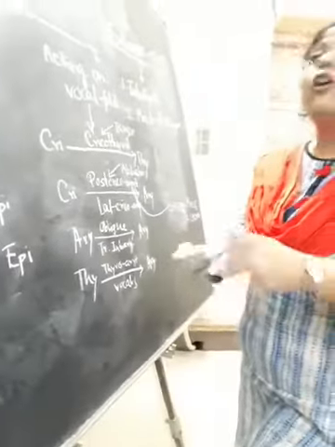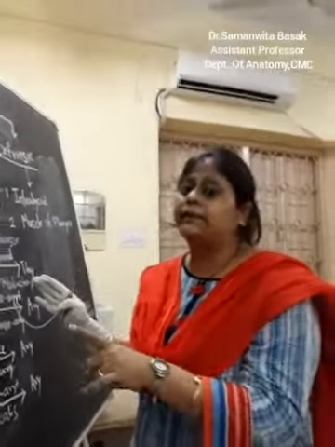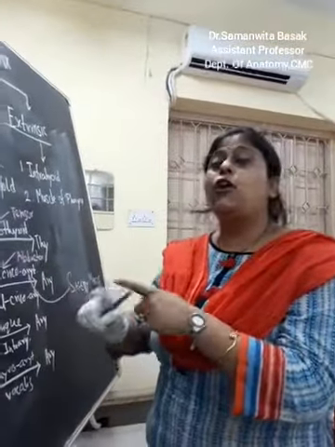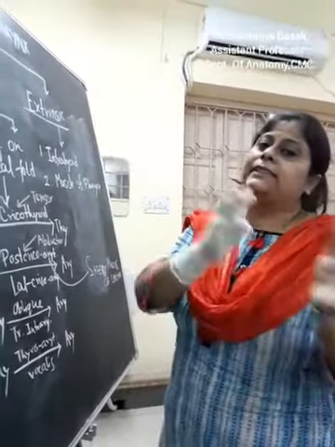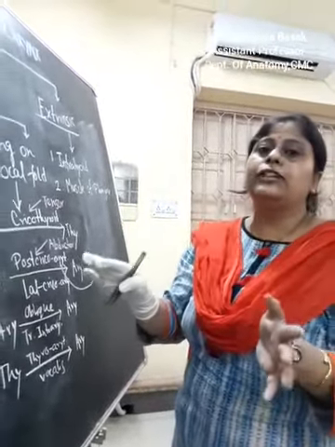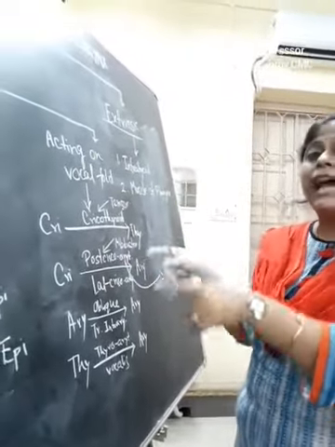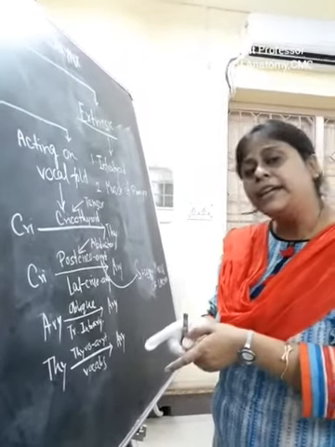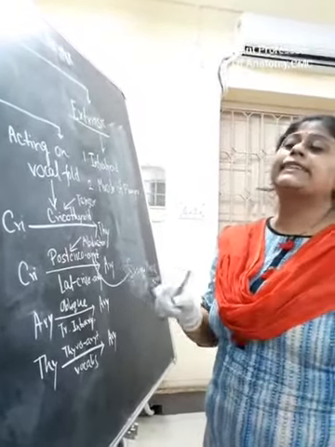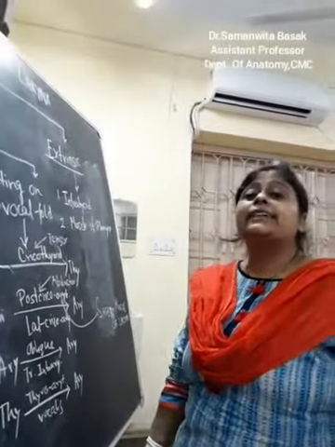Just mind that, all intrinsic muscles. In the case of the tongue, you say all muscles of the tongue are supplied by something, except something that is supplied by something else. I am not going into the detail of that. But in the case of larynx, you have to say all intrinsic muscles of larynx are supplied by the recurrent laryngeal nerve, except the cricothyroid, which is supplied by the external laryngeal nerve.